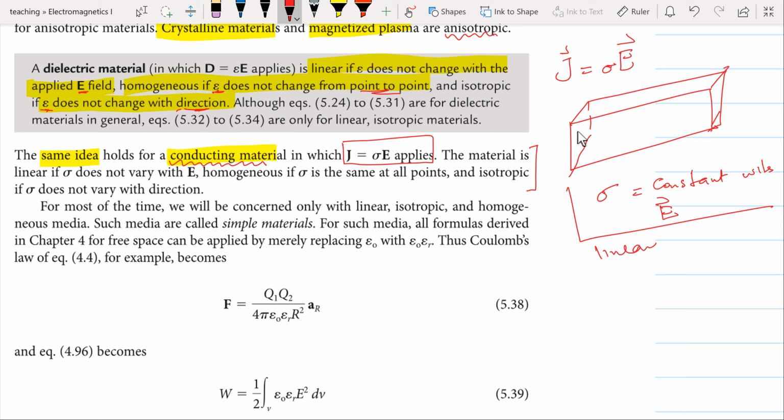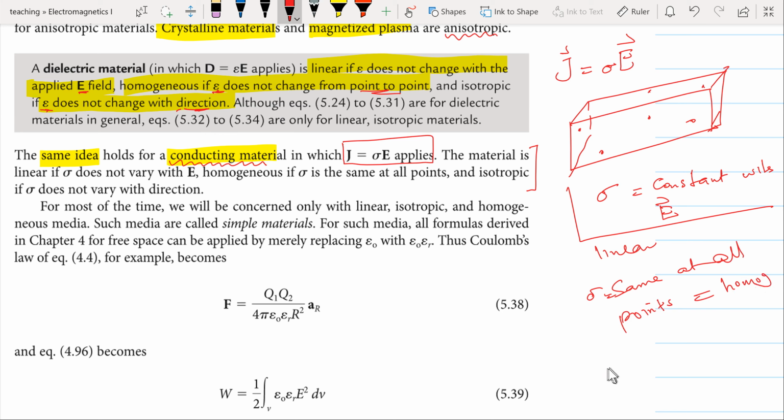Again, if you measure sigma at different points and you find it to be the same at all points, then the material is said to be homogeneous, now being a conductor.